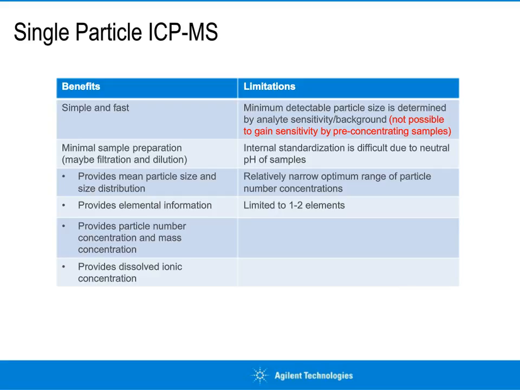Internal standardization can be challenging because typically nanoparticles are suspended in neutral pH buffers for analysis so that they don't dissolve, and internal standards are not always stable in those neutral buffers. There's a relatively narrow optimum range of particle number concentrations compared to some of the other techniques, and it's typically limited to 1 or 2 elements.